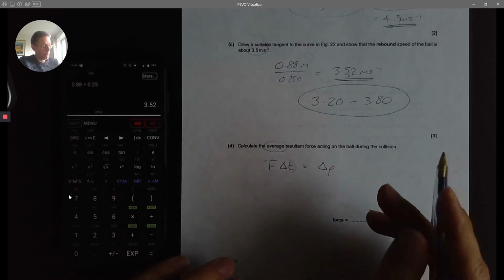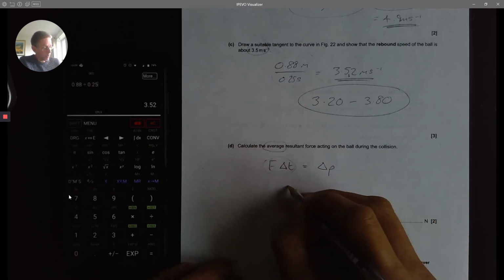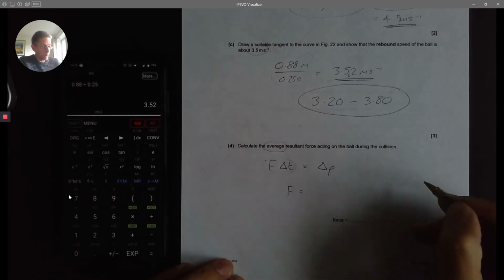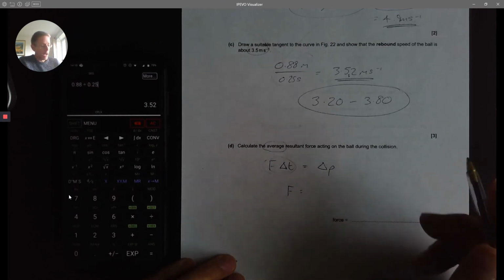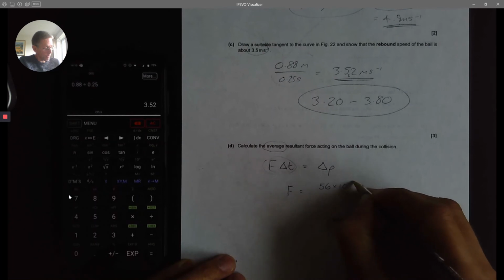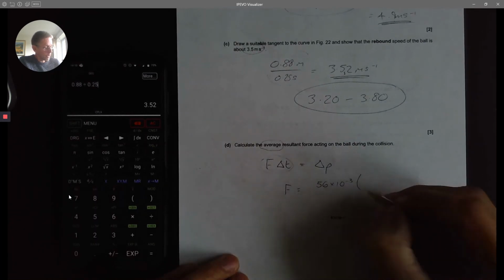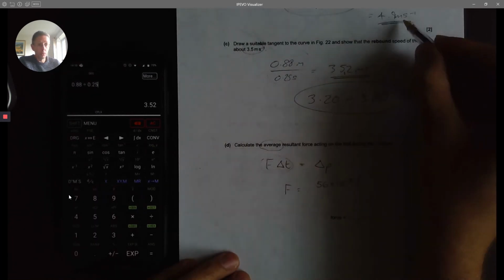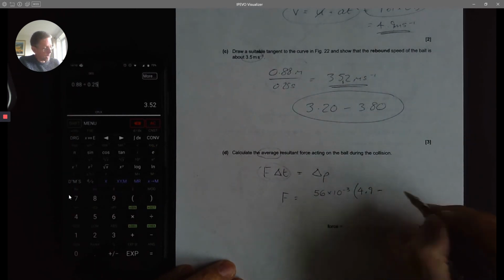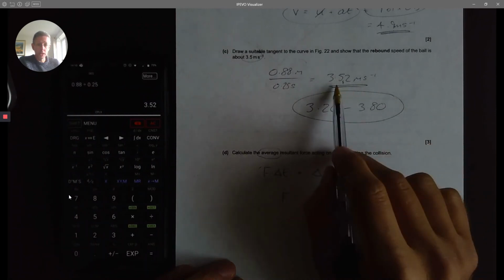And we've been using these velocities so we can work out a change in momentum now. We've been asked for the average force, so F equals, change in momentum is mass times velocity. The mass isn't changing, so we can pull that out, so that's 56 grams, don't forget the 10 to the minus 3, multiplied by the change in velocity, so it was 4.9 take away its new velocity, which is 3.5.